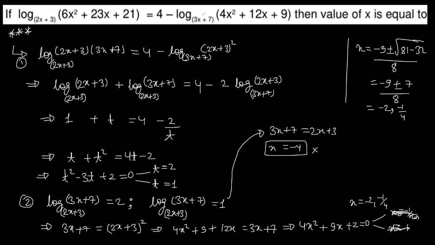Minus 2 if you put, it is 1. The base is going to be 1. If you put minus 1 by 4, it is correct. So minus 1 by 4 is the answer. Minus 2 is rejected.